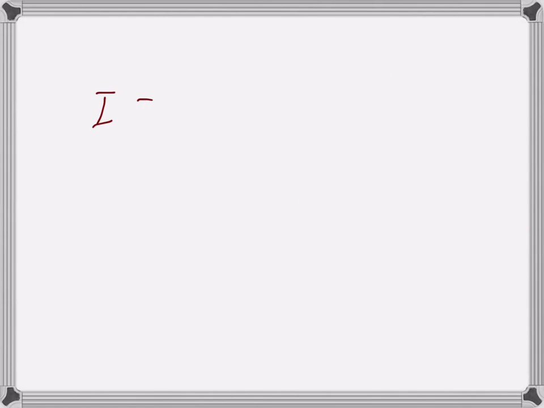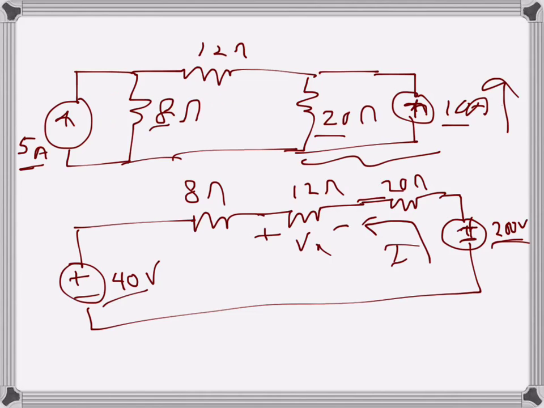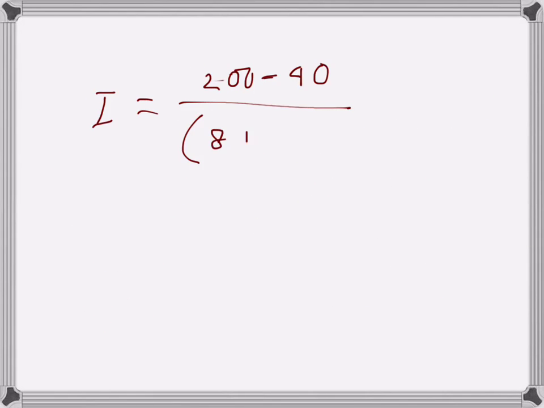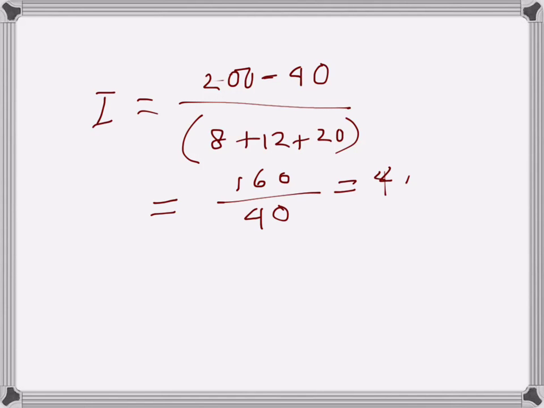So the current will be 200 minus 40 volts, divided by the sum of the resistances, 8 plus 12 plus 20, which is 40 ohms. So the current will be 160 divided by 40, that is 4 amps.